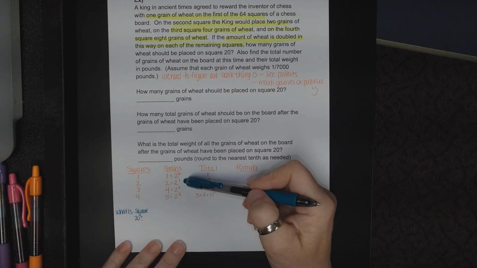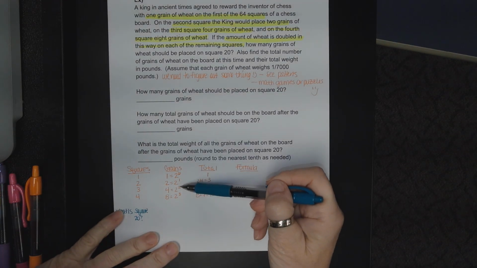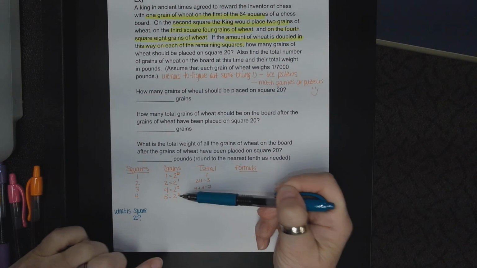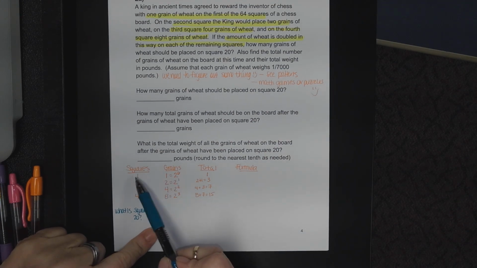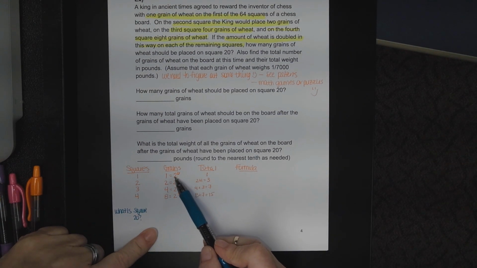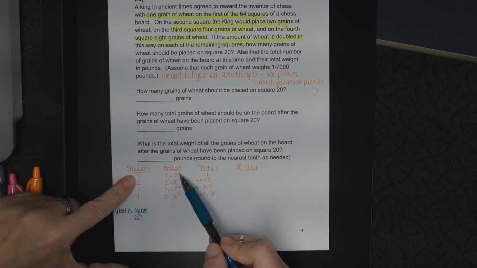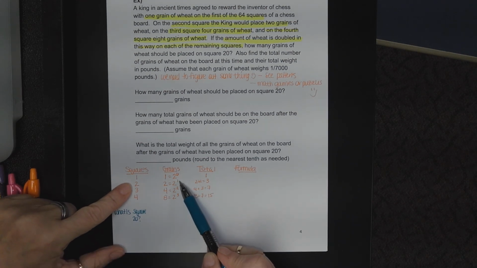Let's look at this and see if we come up with a pattern. So, the power of our 2, we can notice that every time here, our power is 1 less than our square, right? So, this power of 2 is 0, but our square is 1. This power of 2 is 1, but our square is 2.